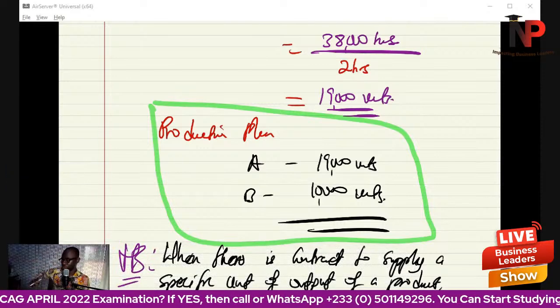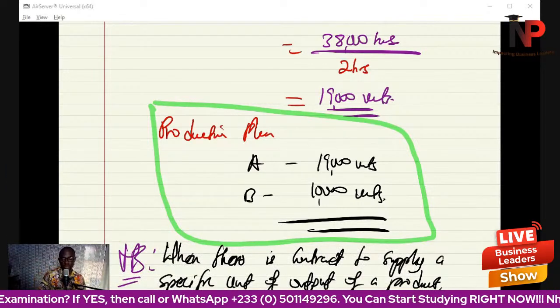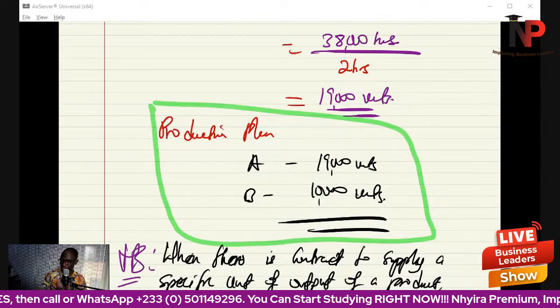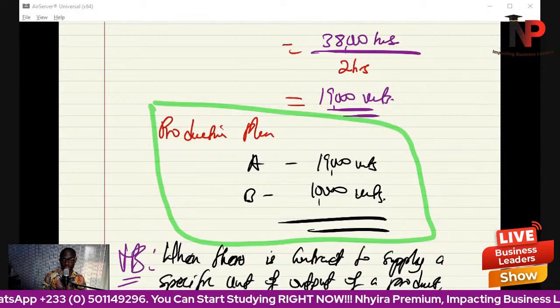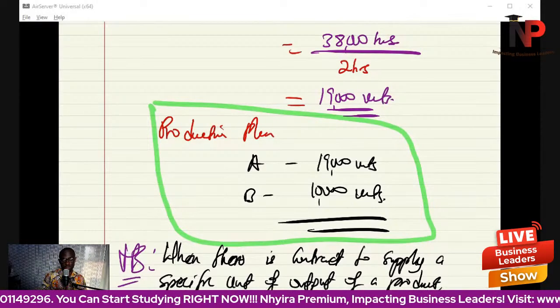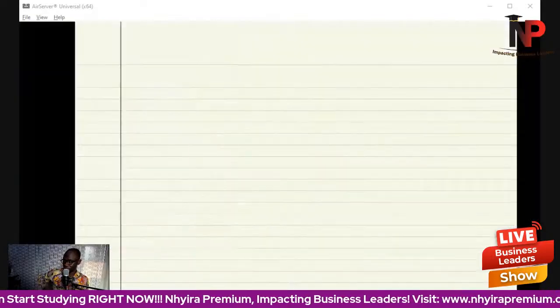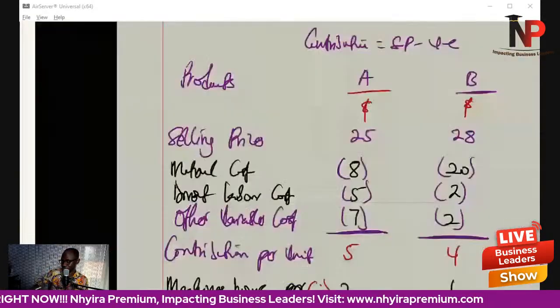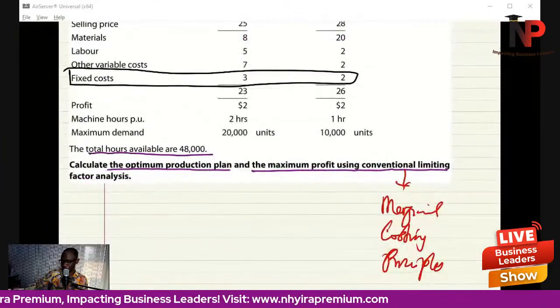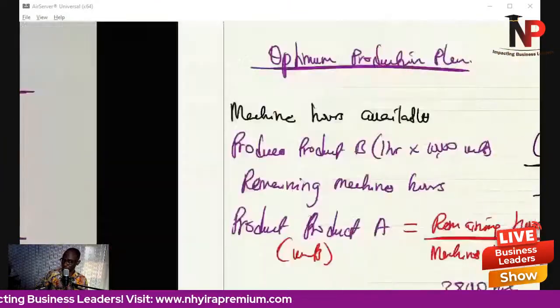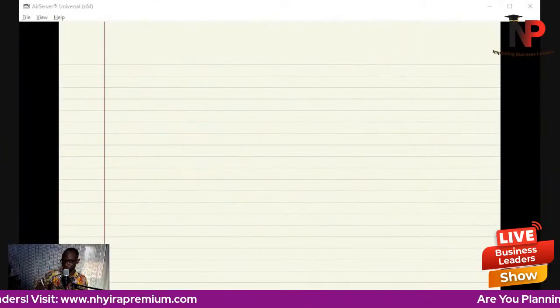Stay blessed as well. So now that we've calculated or arrived at the optimum production plan, we can now do the second part of the question. Okay, let's do the second part of the question. The second part of the question is the maximum profit. So what is the maximum profit?